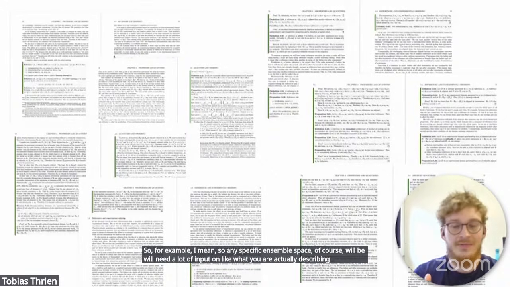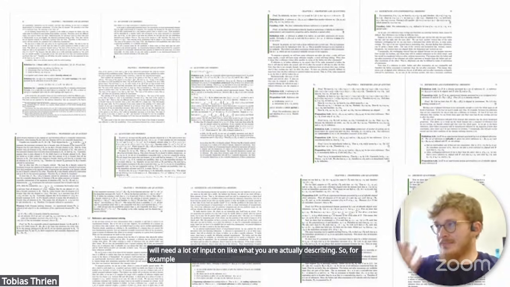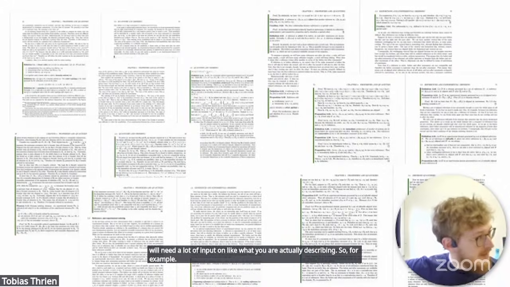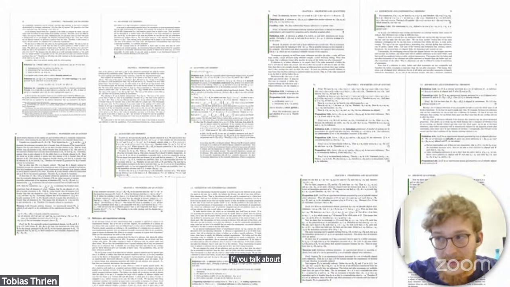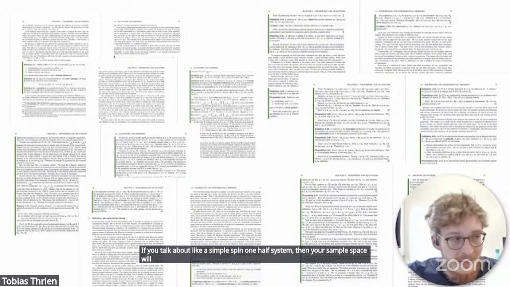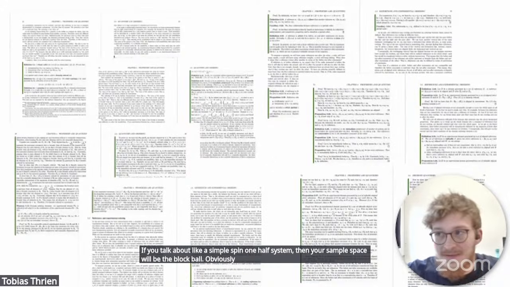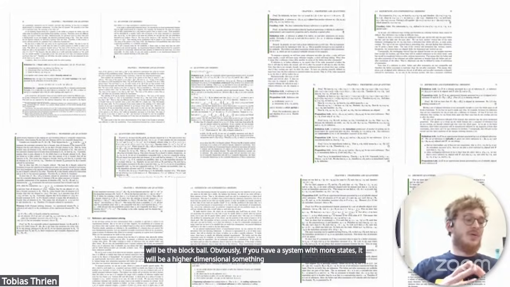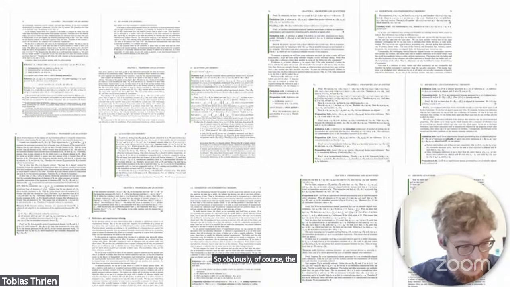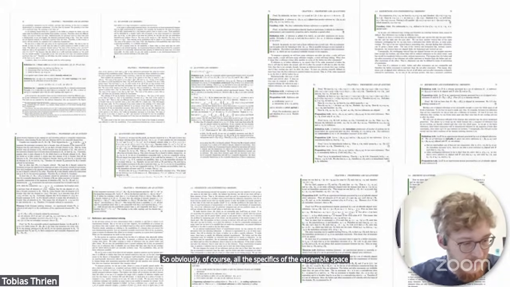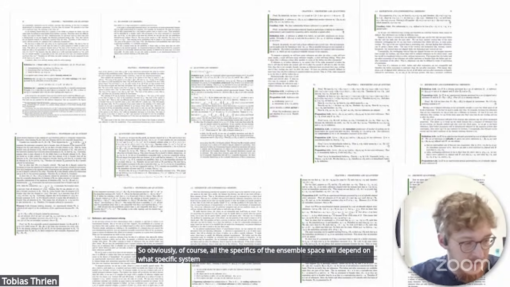For example, if you talk about a simple spin one half system, then your ensemble space will be the Bloch ball. Obviously, if you have a system with more states, it will be something higher dimensional. So all the specifics of the ensemble space will depend on what specific system you have.